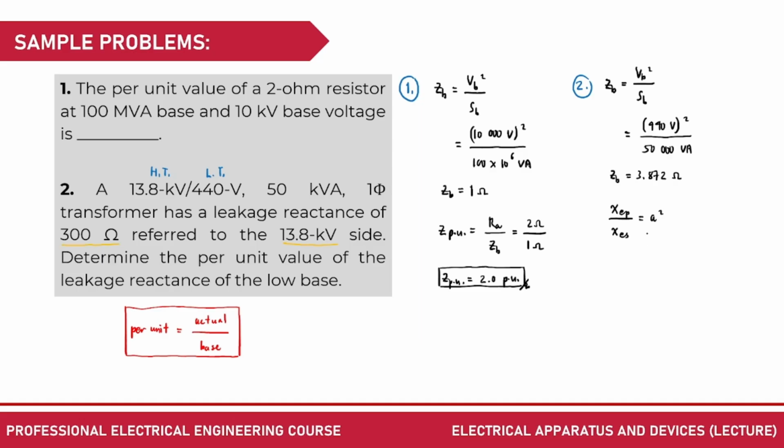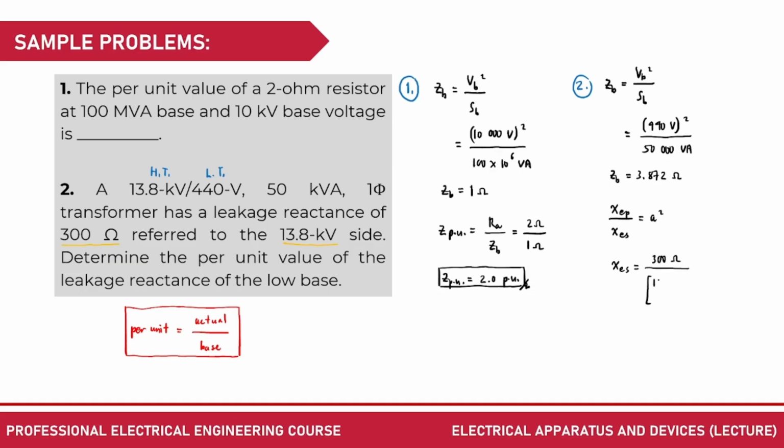For us to get the XES, the secondary one, we have XEP, the leakage reactance of 300 ohms, all over A squared. What's the value of A there?